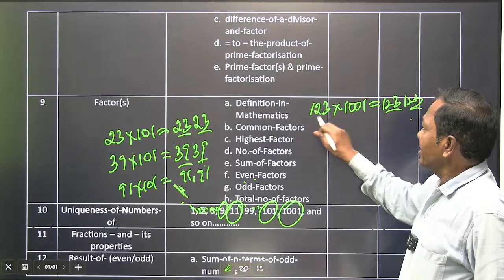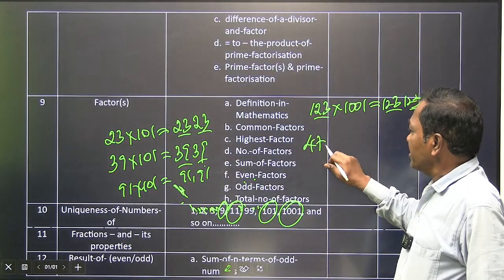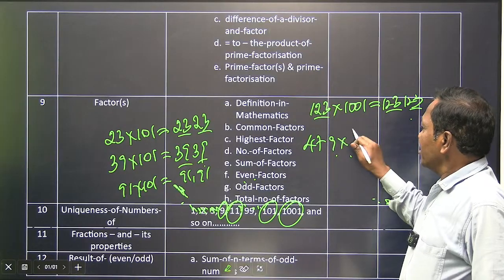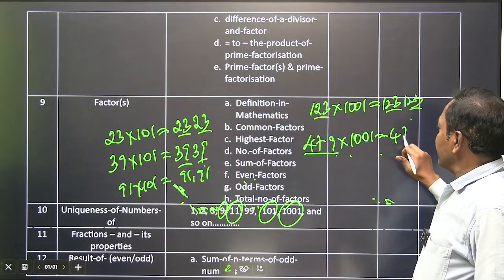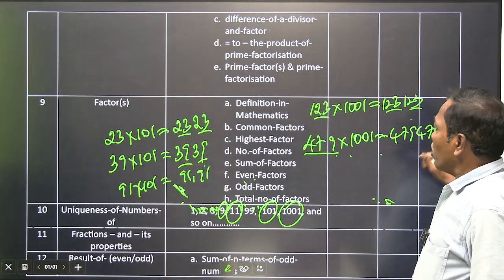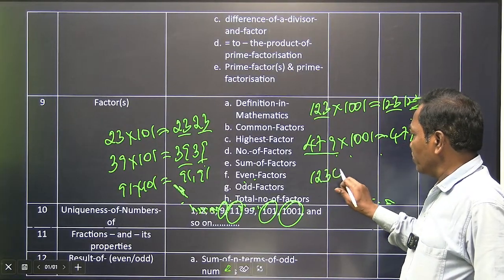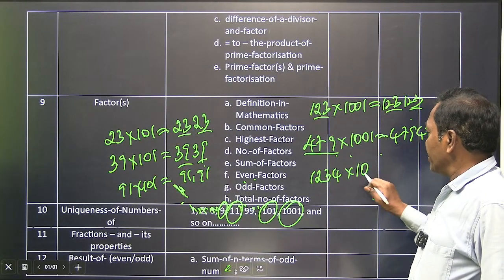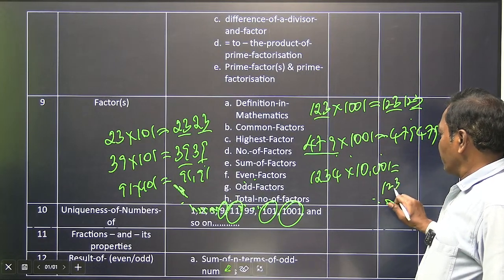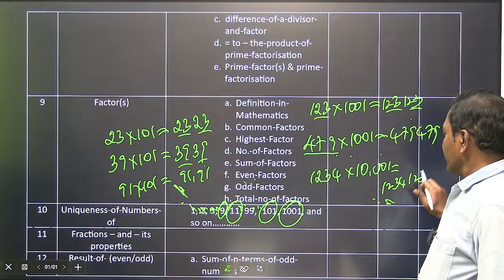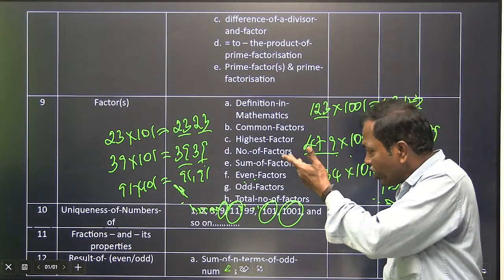The number gets repeated. Take any number of your choice, say 479 multiplied by 1001, and the number gets repeated. These are the properties of numbers. You can take any number. A 4-digit number like 1234 multiplied by 10,001 gives 12341234. Questions always come from this related topic.